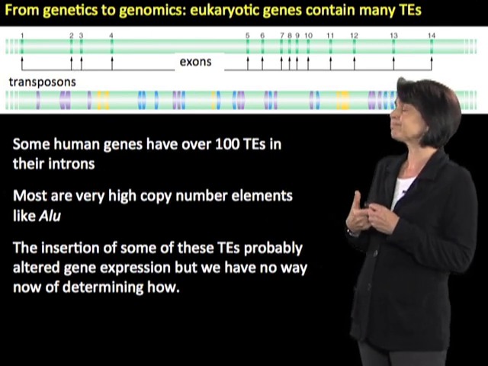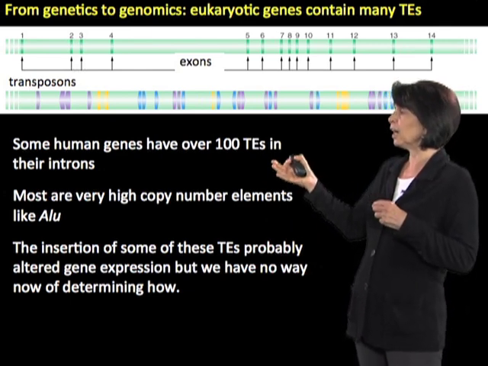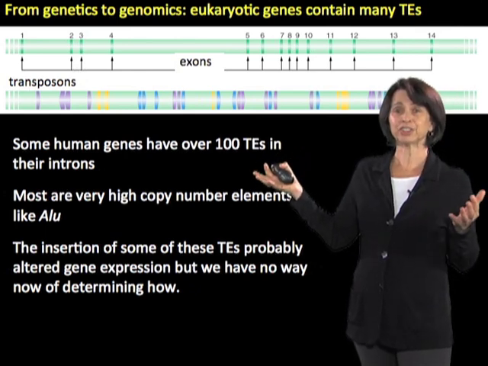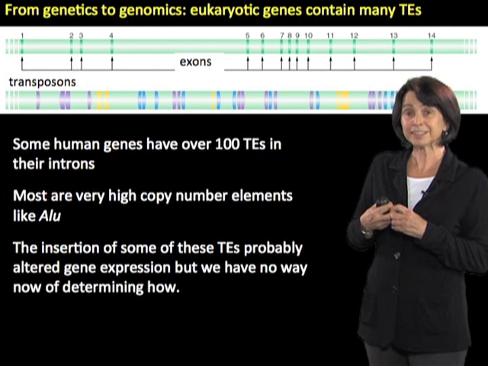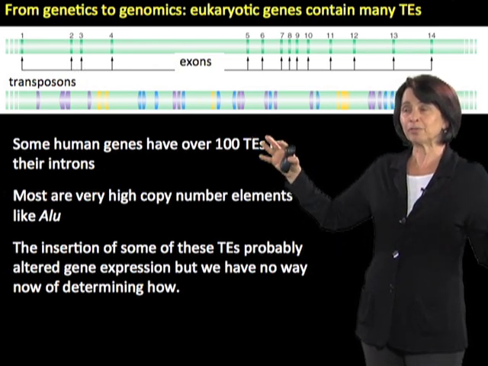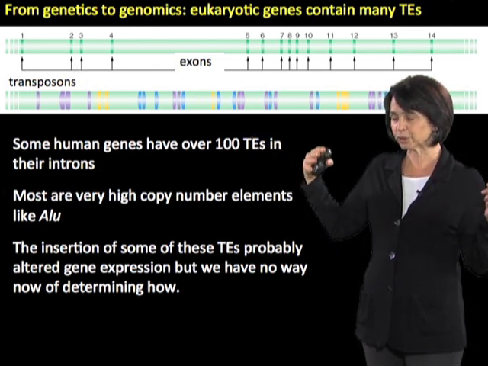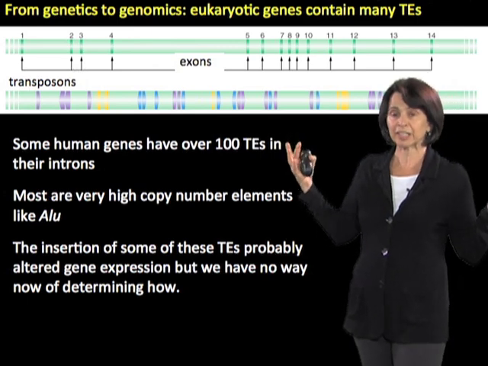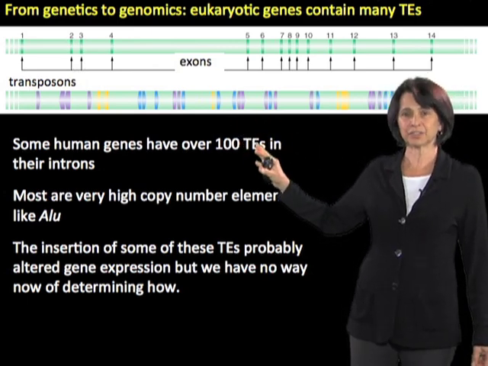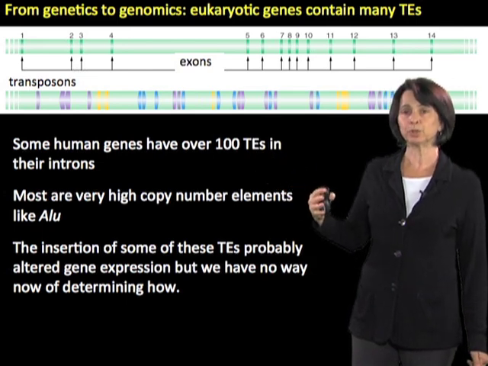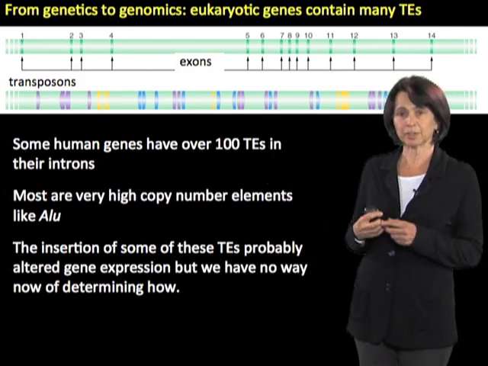The insertions may have changed gene expression, but we have no way to address that now. The reason is, first of all, in the human population, virtually all of us, 99.99% of us, have exactly these insertions. That's because these elements moved millions of years ago.